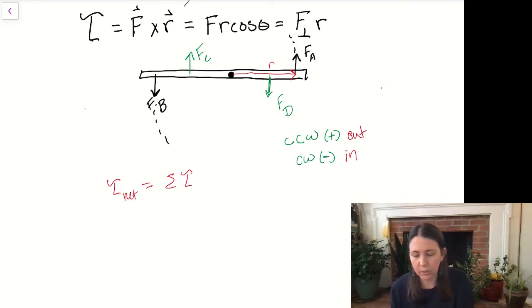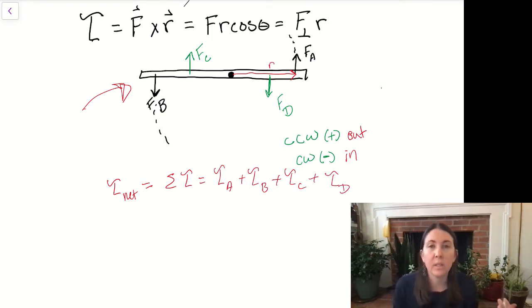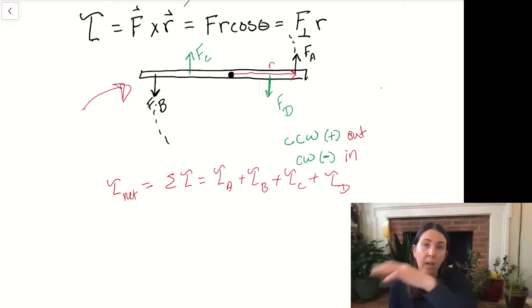So the sum of my torques will equal the torque due to force A plus the torque due to force B plus the torque due to force C plus the torque due to force D.